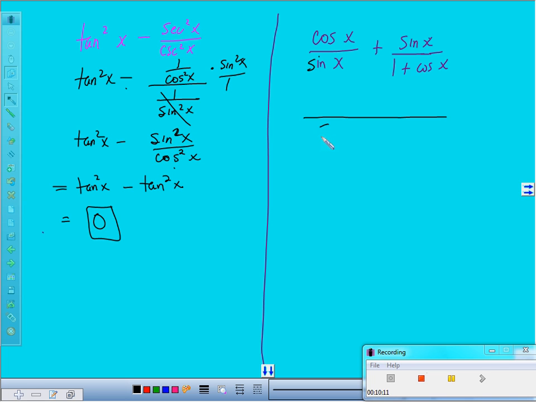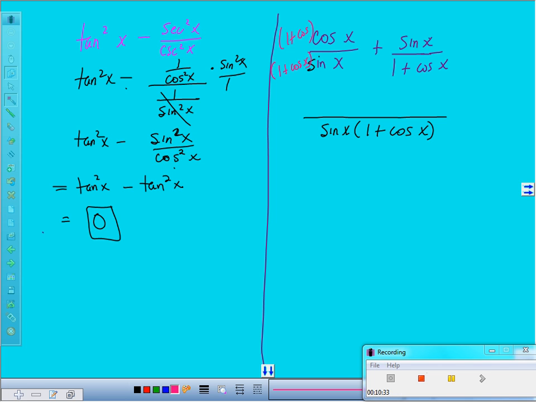Well, since they're two totally different things, you would need both of them in your common denominator. Just be sure you keep your parentheses for the second one, since it's a quantity. Now, ask yourself, what is the first fraction missing? In order to have this common denominator, what does it need to be multiplied by? Well, yep, it needs to be multiplied by 1 plus cosine.